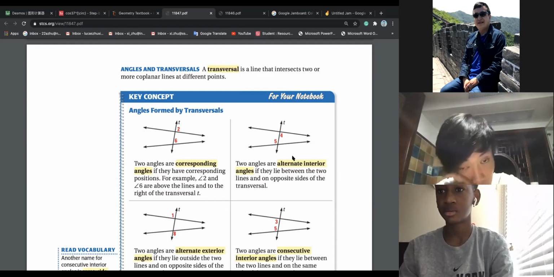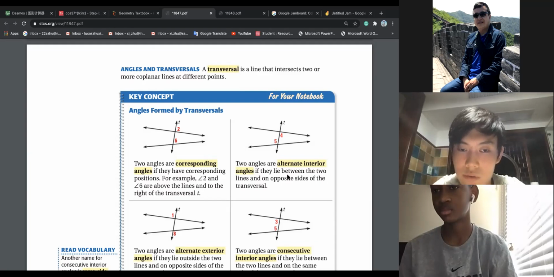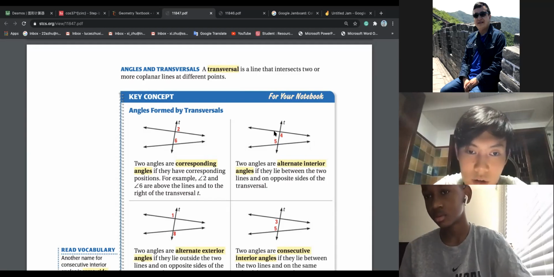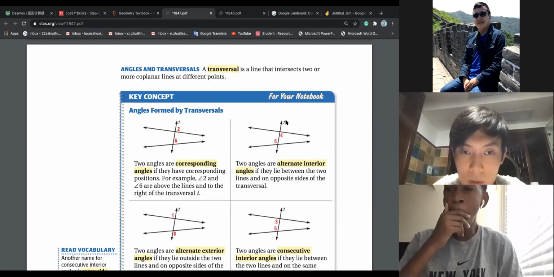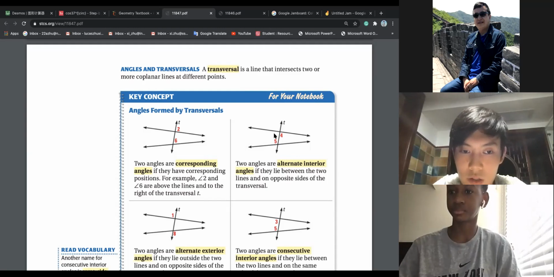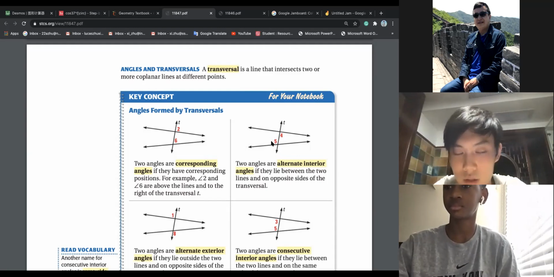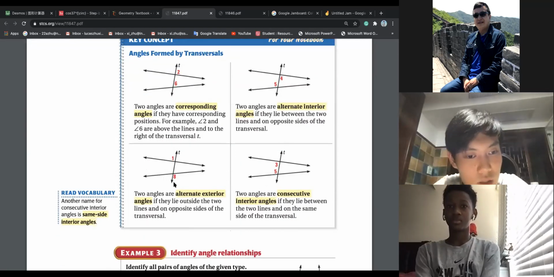They're alternate interior angles if they lie between the two lines on opposite sides of the transversal. Inside the two lines is interior, outside is exterior.